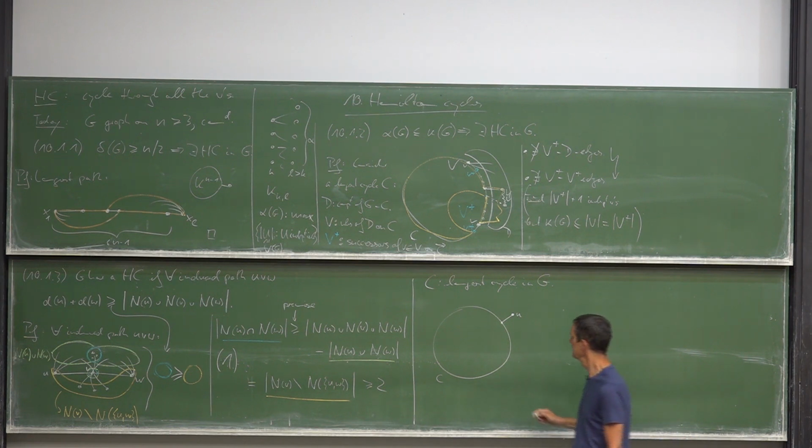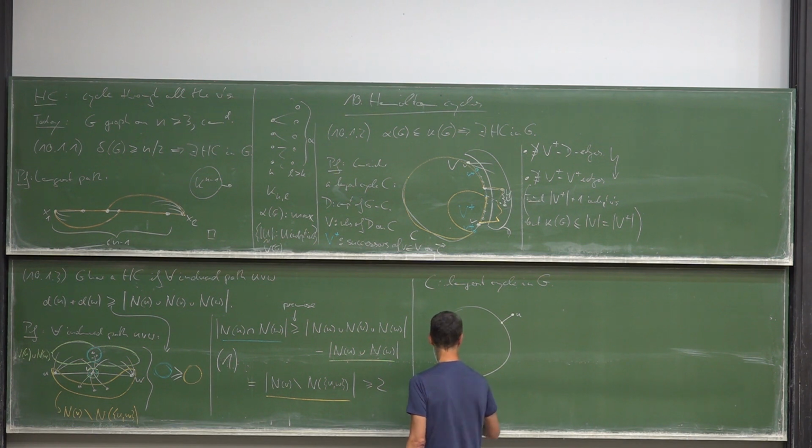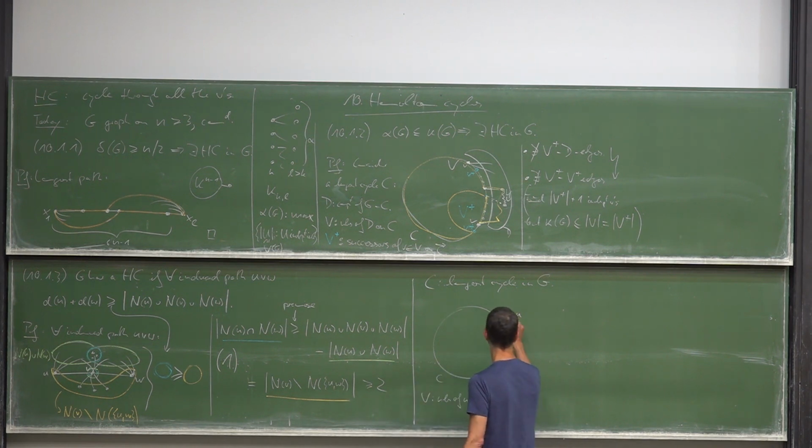And then V is the set of neighbors of little u on C. So it has some neighbors.